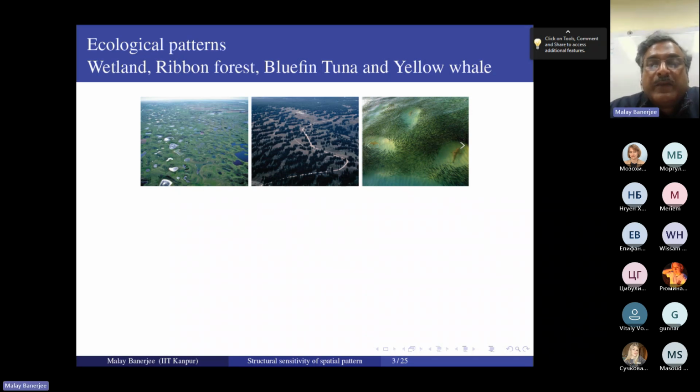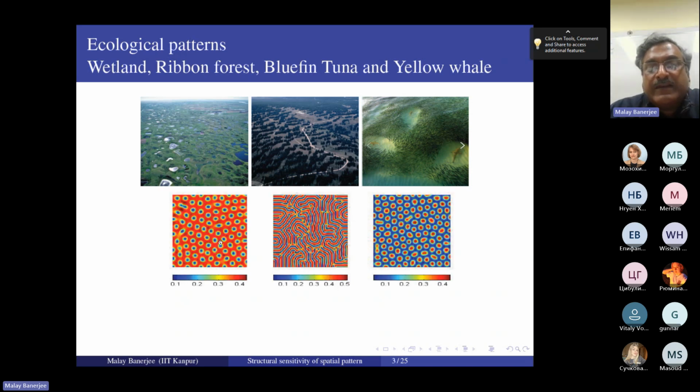These kinds of patterns can again be generated with the help of mathematical modeling, and once we simulate those models, we can have these three types of patterns. As I mentioned, there are three different types of patterns: this is a cold spot, this is a hot spot, and this is a labyrinthine pattern.